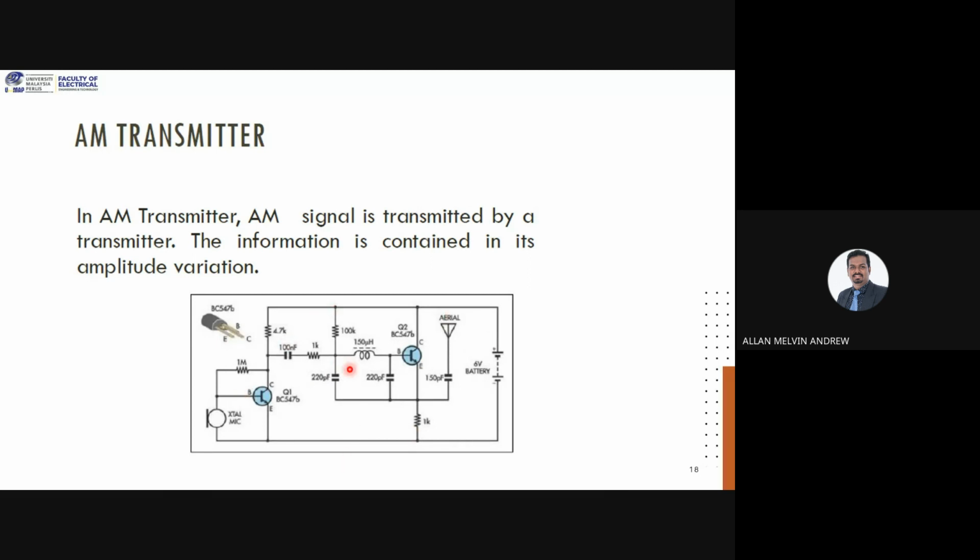An electronic board usually you cannot operate with 240 volt. It can only operate with a lower volt. So usually the lower volt is for electronics, like here it is only 6 volt. Let's say you are using your mobile phone.